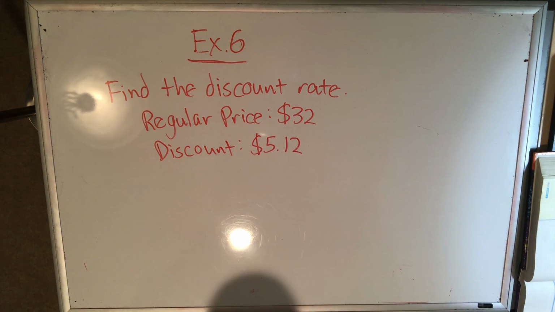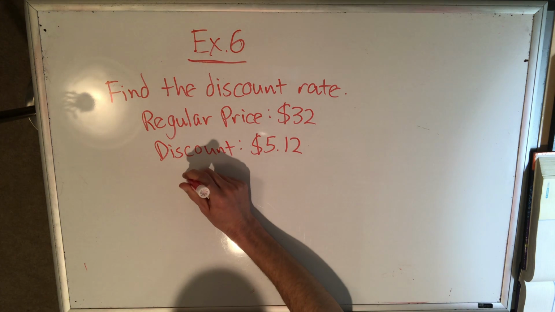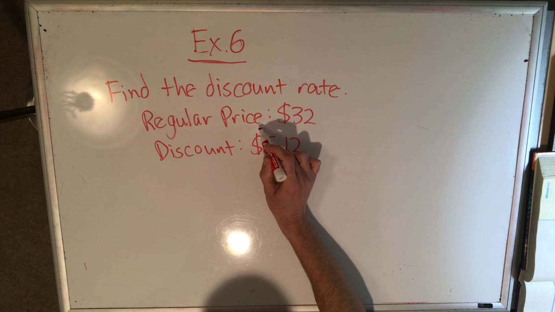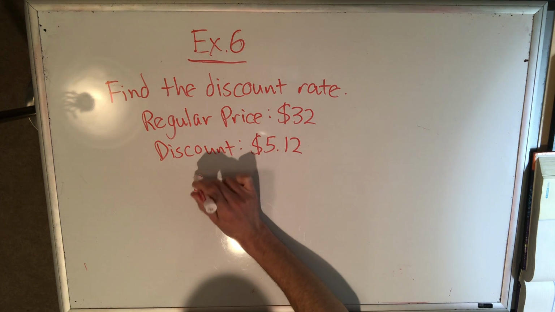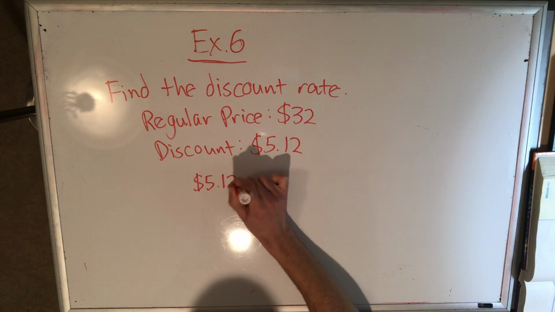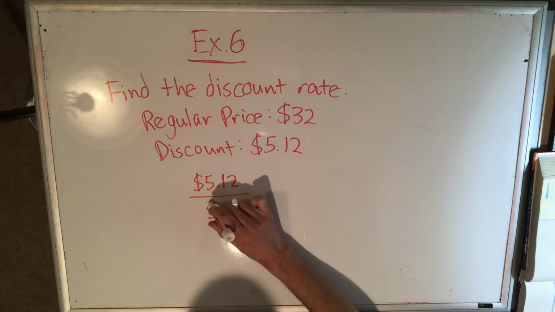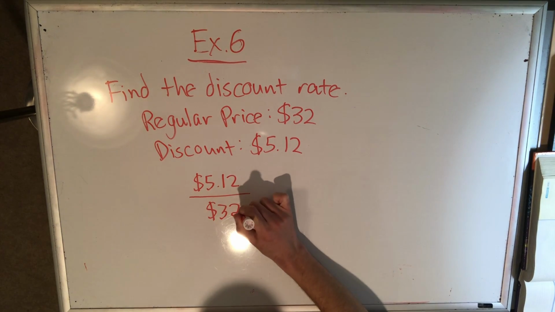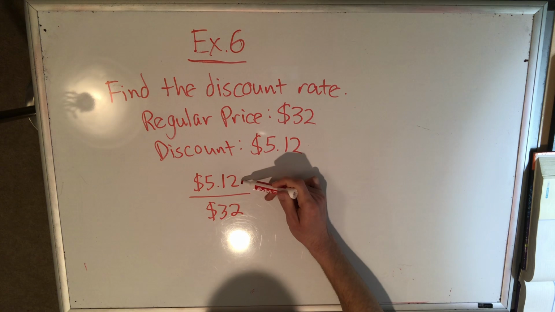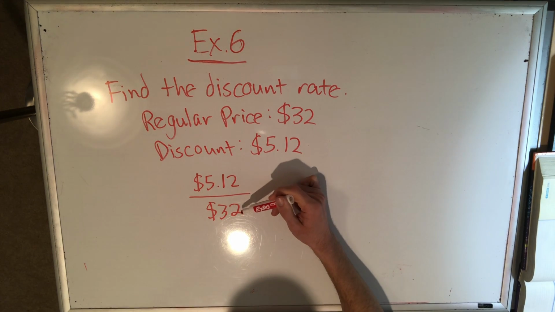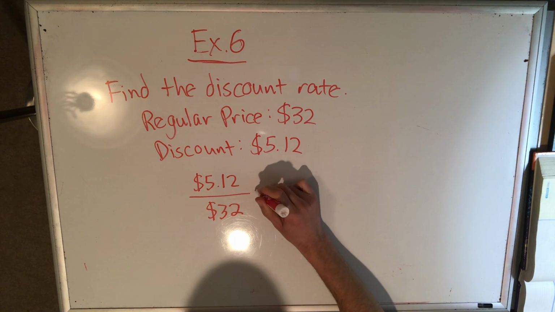To find the discount rate, to figure out what percent off the item is, you do the discount divided by the regular price, which is $5.12 over $32. So discount rate is equal to the discount divided by the regular price.